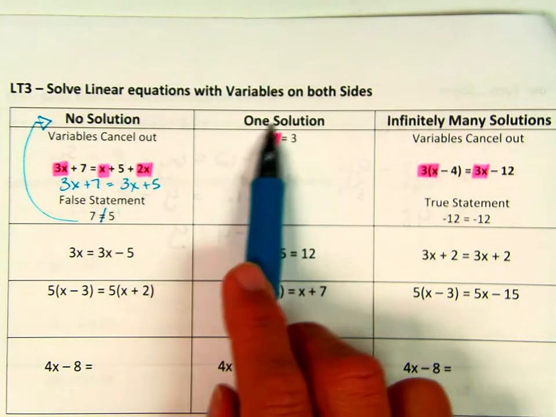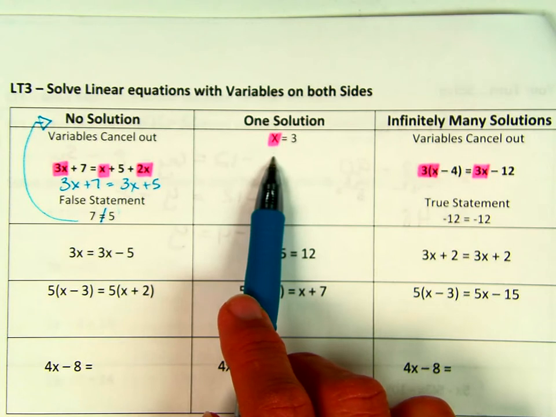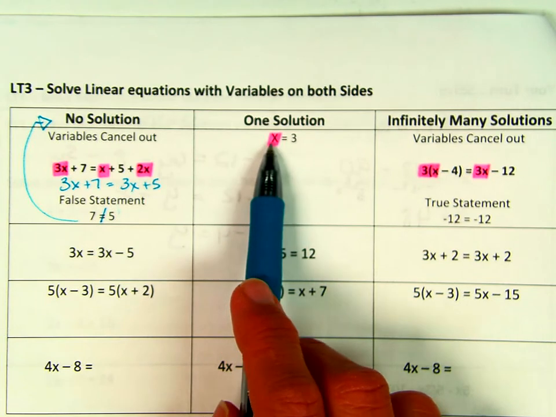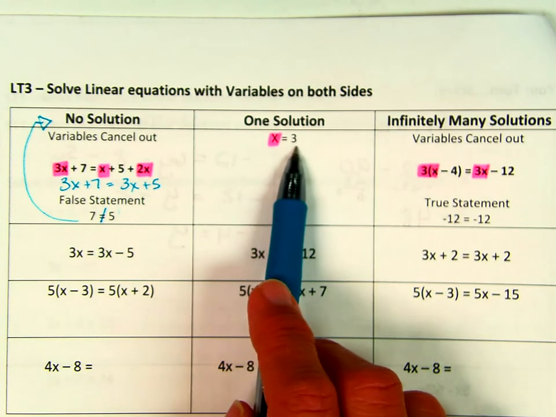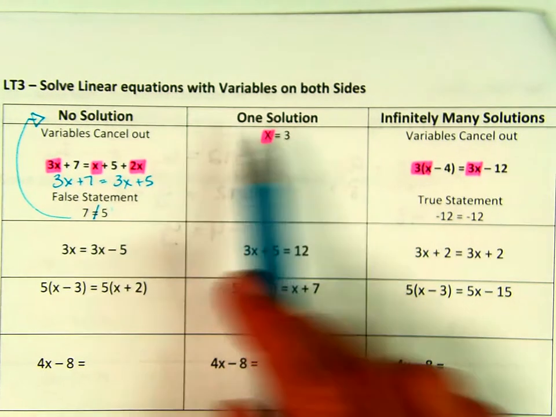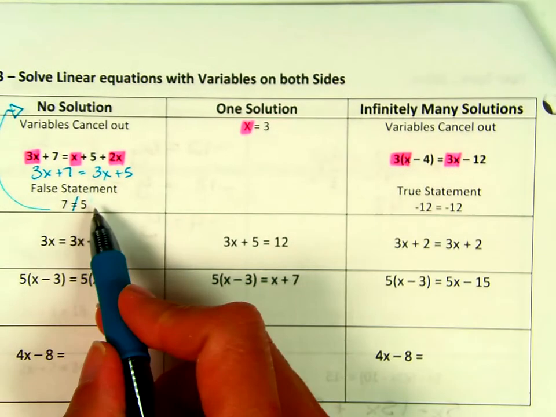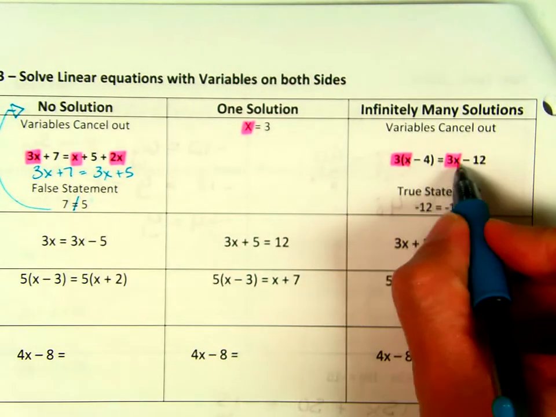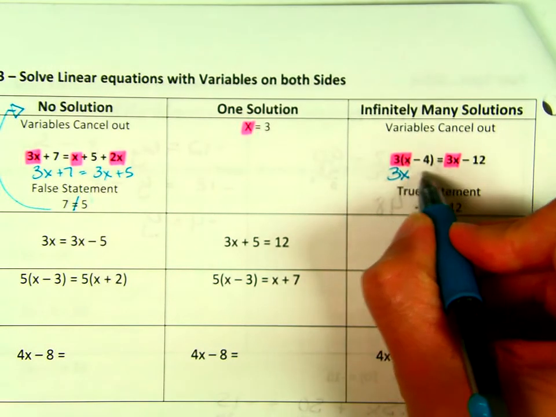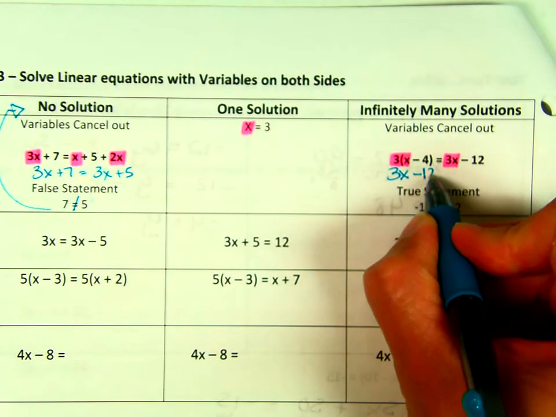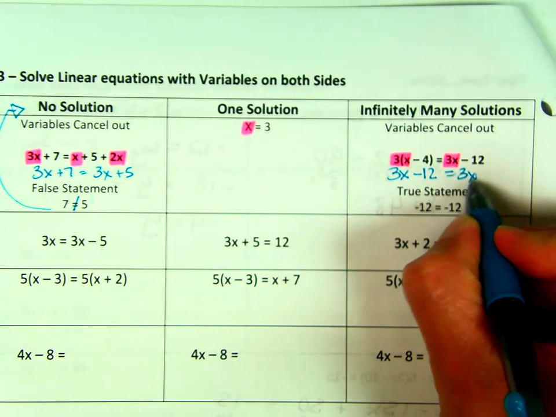With one solution, the variables do not cancel out, and you will end up with an x that will be equal to some number. And infinitely many solutions is kind of like no solution in the fact that there's a 3x on both sides, right? If I distribute that 3, I get 3x minus 12 equals 3x minus 12.